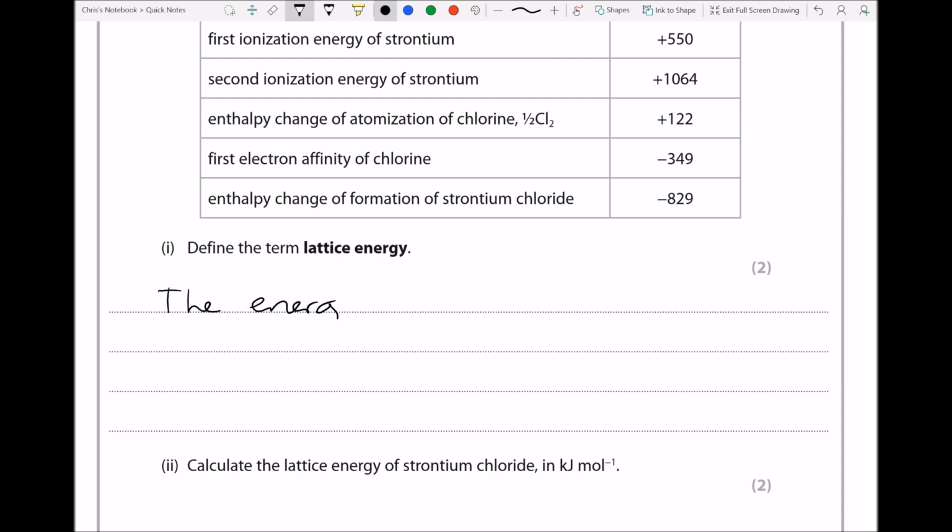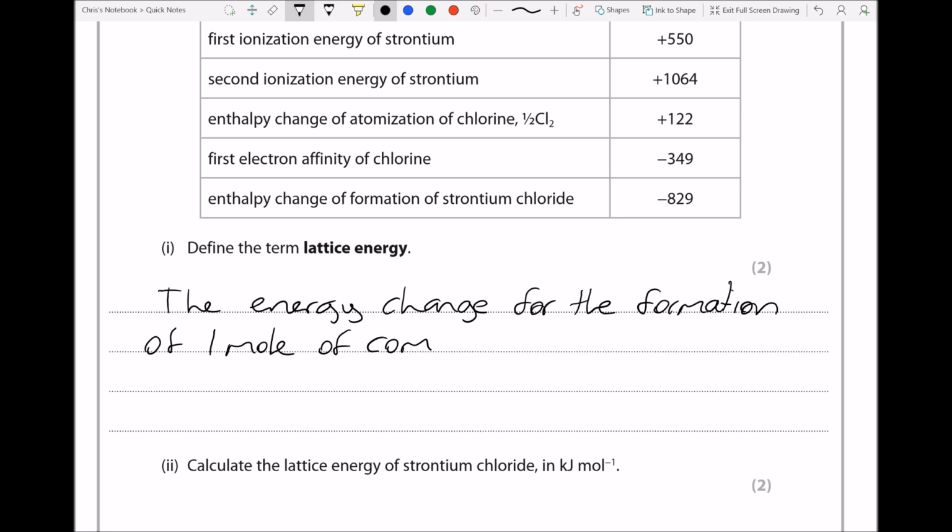So we said it was the energy change for the formation of 1 mole of compound from its ions in the gaseous state.